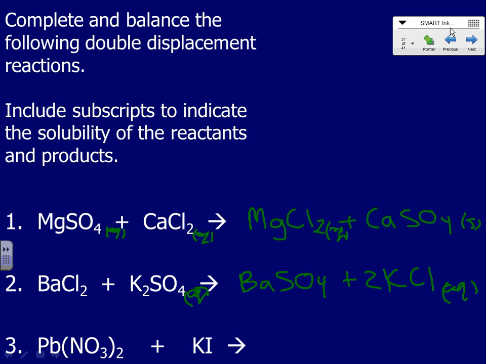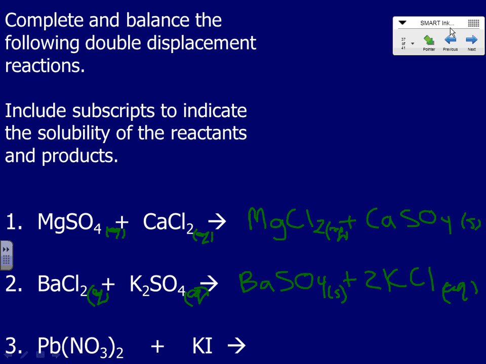Barium chloride. Aqueous. That was the third verse, by the way. We don't want to worry about the third verse. Barium sulfate. Yep. Solid. Successful double displacement. Look at even just the first 2. What can I do with those? All of them aqueous.